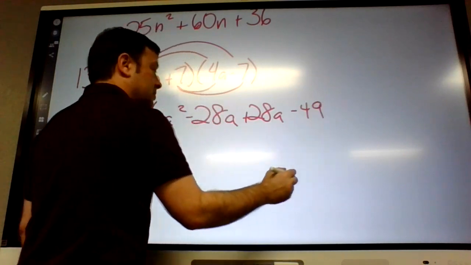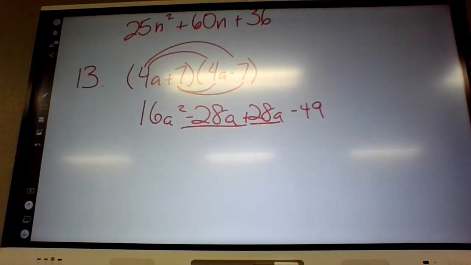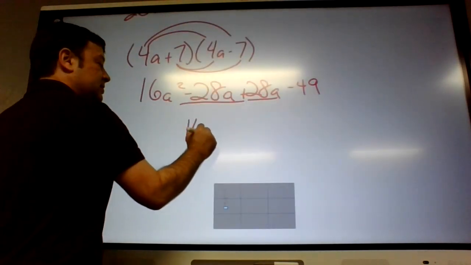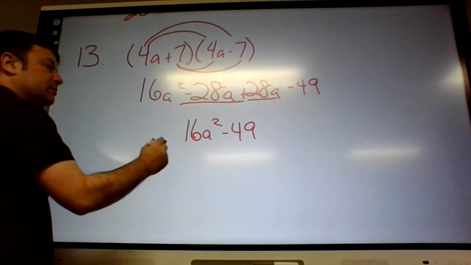And then those 28's would cancel out. Alright, minus 28a plus 28a is 0. So all we're left with is 16a squared minus 49.